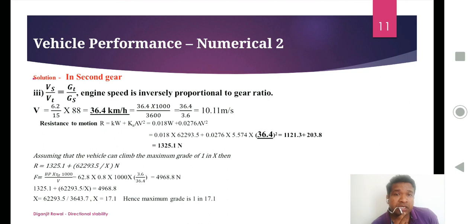While putting it in the denominator, the 3.6 goes in the numerator and 36.4 remains in the denominator.